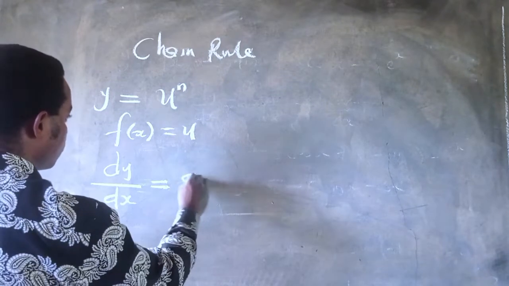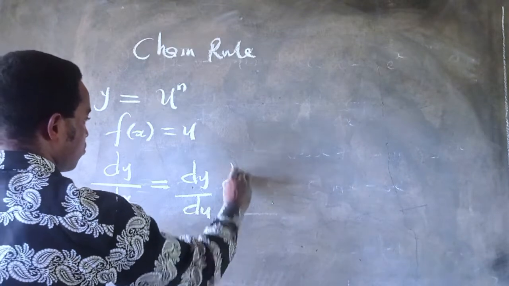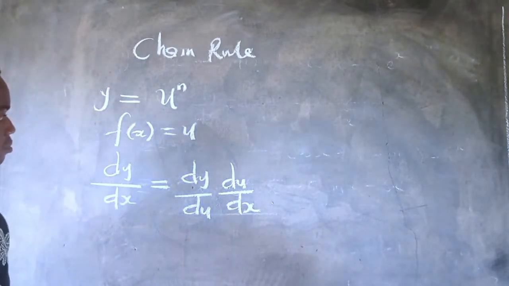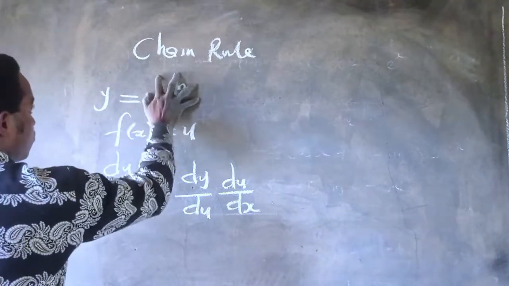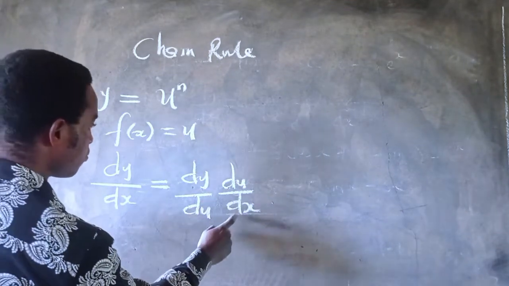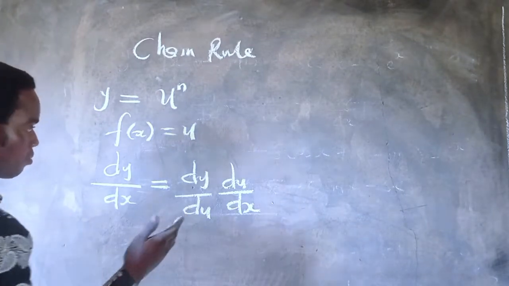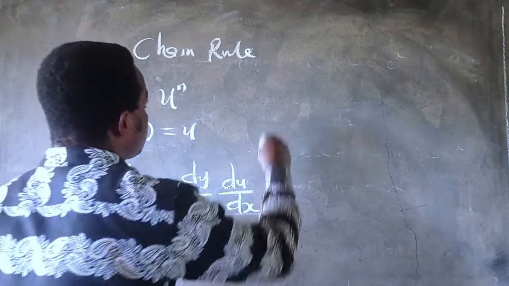The formula is the differential of y with respect to x, in that case, is dy/du times du/dx. This simply means the differential of y as a whole multiplied by the differential of u with respect to x all by itself. Then you take the product of these two components.